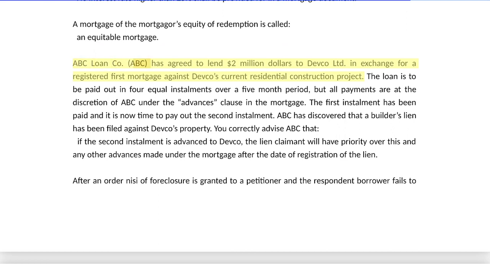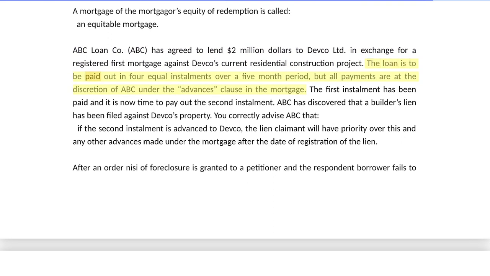ABC Loan Co., ABC, has agreed to lend $2 million to Devco Ltd. in exchange for a registered first mortgage against Devco's current residential construction project. The loan is to be paid out in 4 equal installments over a 5-month period, but all payments are at the discretion of ABC under the advances clause in the mortgage.